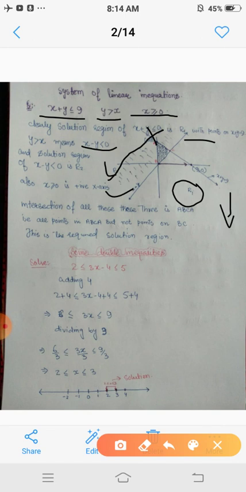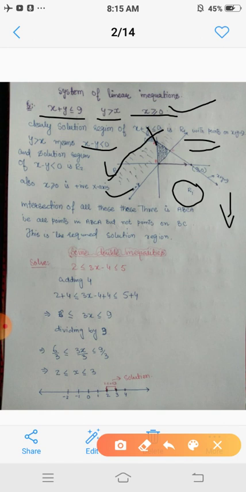Similarly, x greater than or equal to 0 means the positive x axis side, that is this first quadrant. Now the intersection of these three regions is simply the closed region ABCA, but not the points on BC, because if we consider points on line BC, they satisfy the first and the last inequality, but not y greater than x.